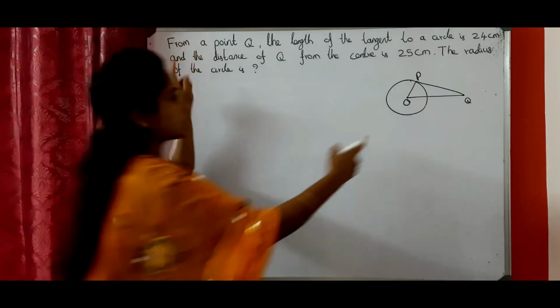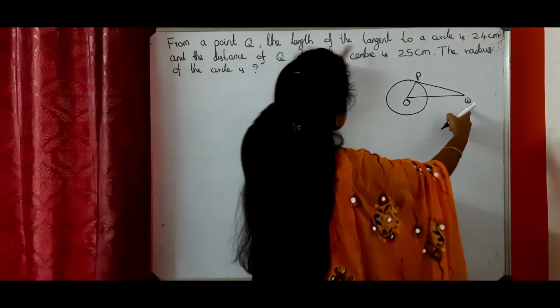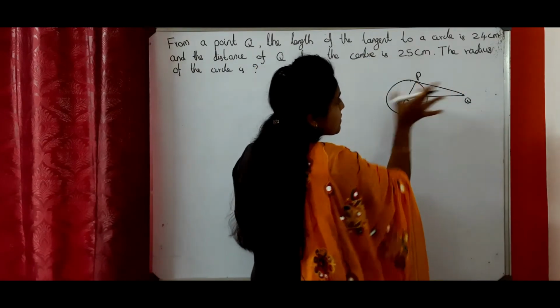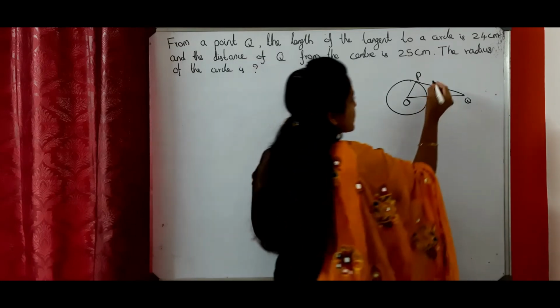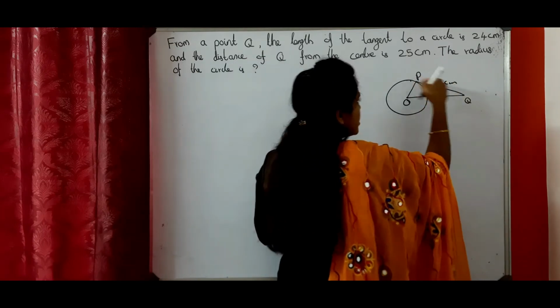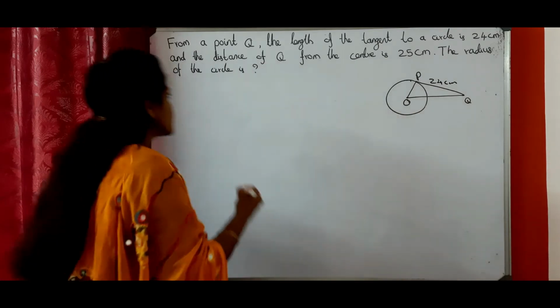Okay, then read the question. From a point Q, the length of the tangent, what is the length of the tangent? PQ is the length of the tangent. The length of the tangent to the circle is 24 cm. So the length of the tangent PQ is 24 cm.